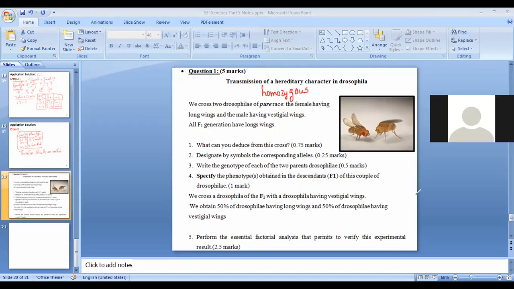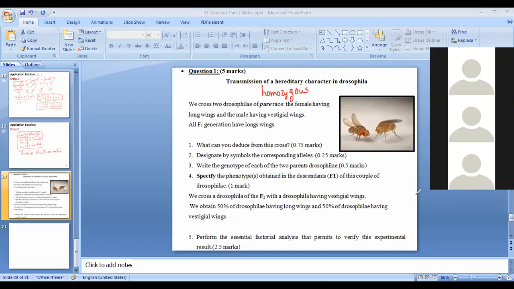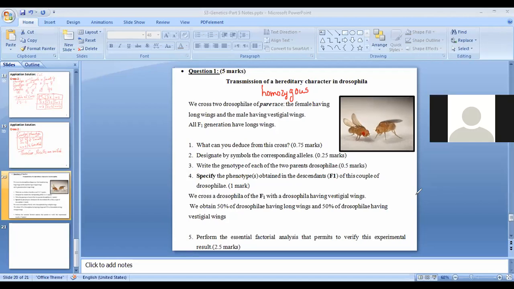So, moving to the first part. Abbas Hashim, good morning. First part, can you read it and answer it? What can you deduce from this cross?